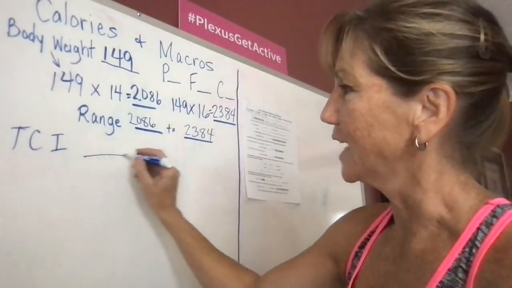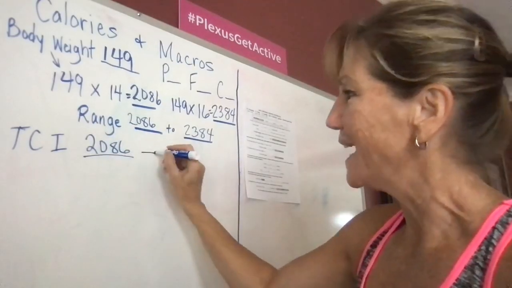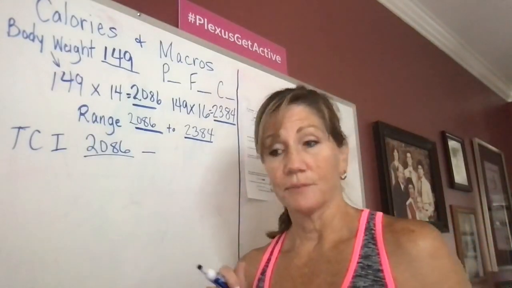On your worksheet, it says total caloric intake, and there's a space for that. Mine happens to be 2,086, minus, you get to choose.